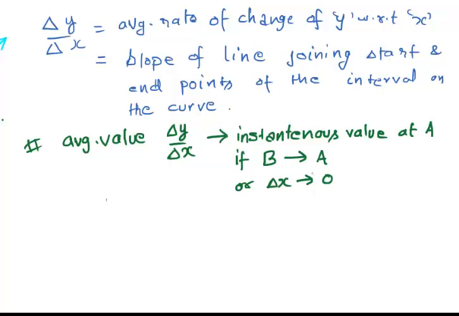Delta x tends to 0 means that points A and B are much closer.